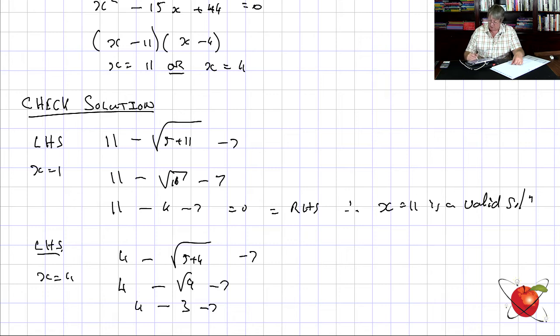The answer is not equal to 0. Therefore, x equals 4 is not a solution. This is all we're going to do with these: isolate the surd, solve it normally, and eventually check back our solution.